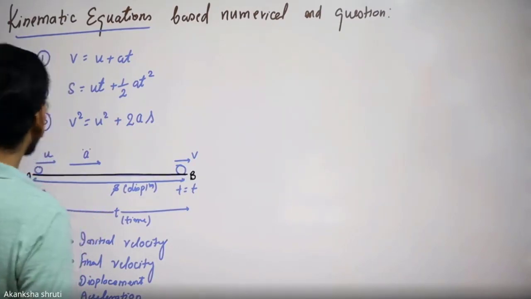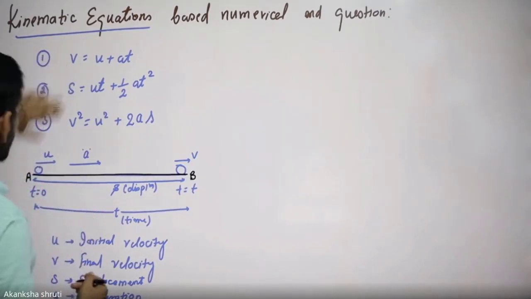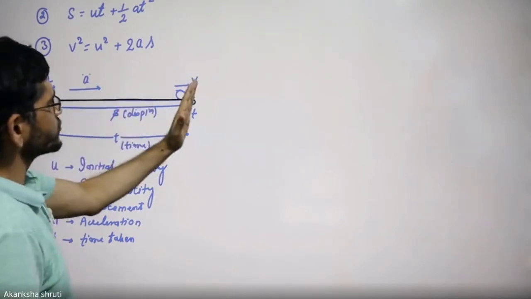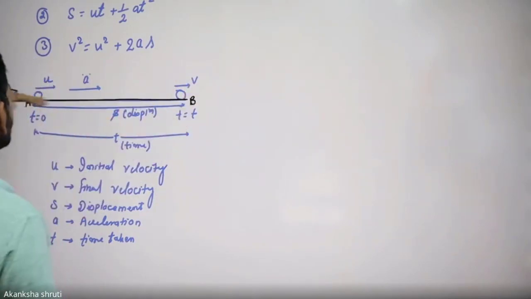Students, here the symbols are like this. Consider a body that started from point A and has reached point B. During this journey, at point A the body was already moving with initial velocity u.